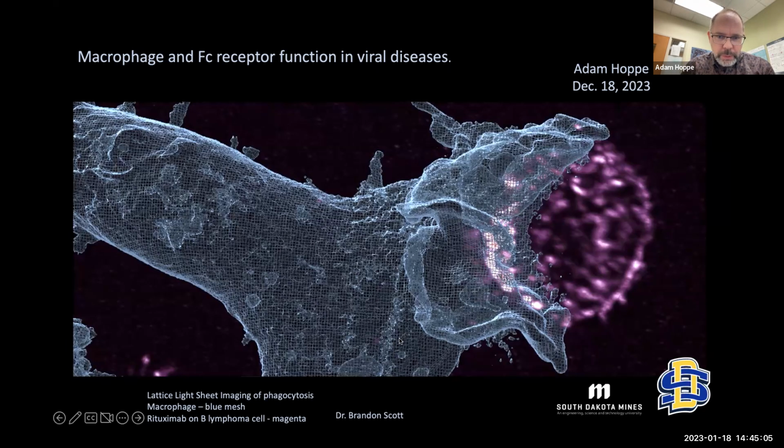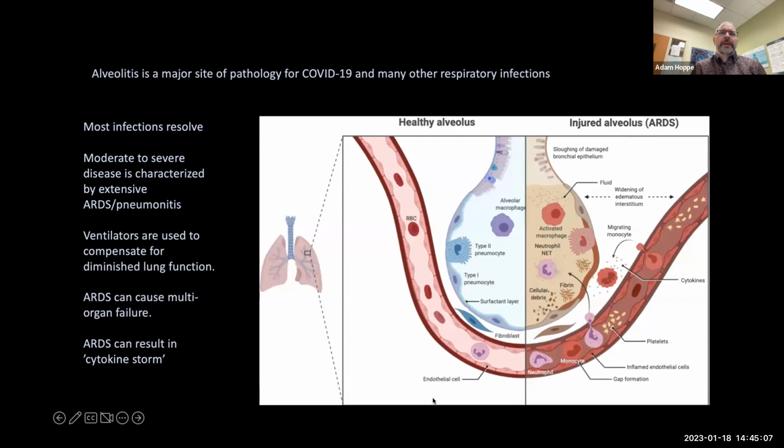Okay. What I'm going to try to do today is take our knowledge about macrophage function and Fc receptor activity and try to bring it towards COVID. Much of what I'll be drawing heavily on is other labs' publications, as well as some of our own ideas, to try to paint a little bit of a picture about this.